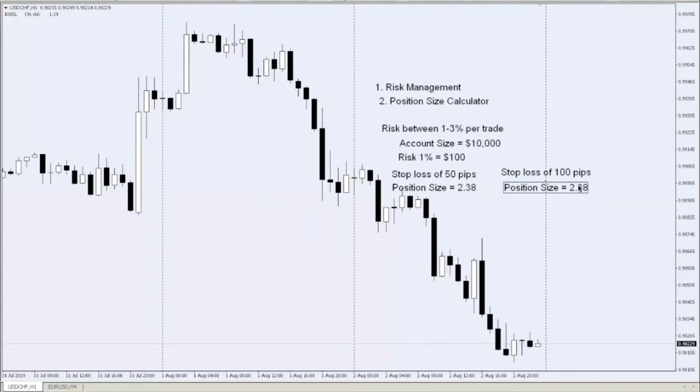So you see with these two parameters, it's very simple to know exactly what position size you should be taking per trade.